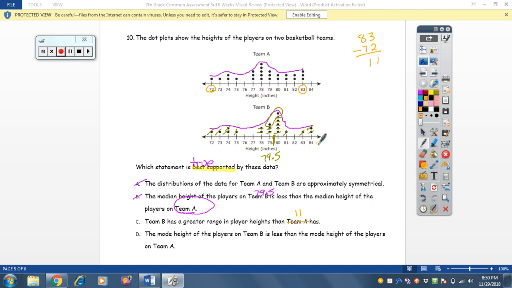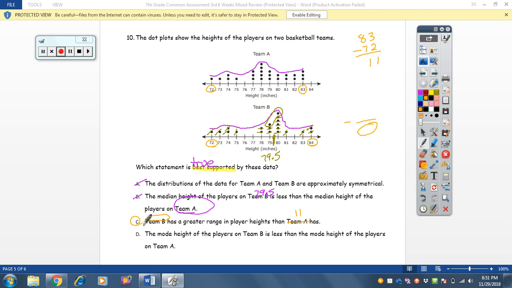For Team B, you're going to have to do a subtraction problem as well. And this number is going to go here. Is it true that Team B has a greater range?